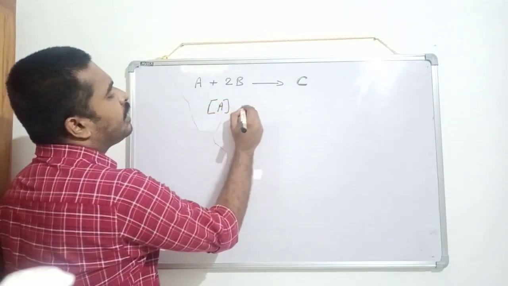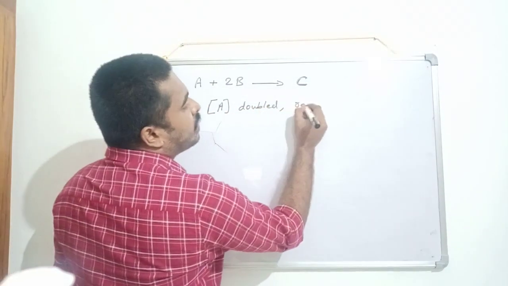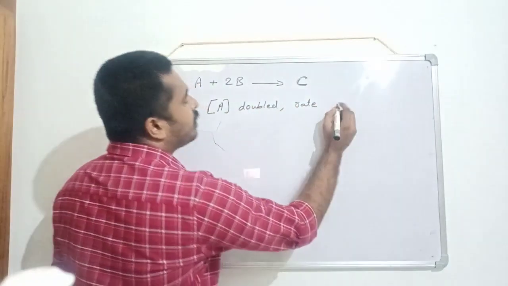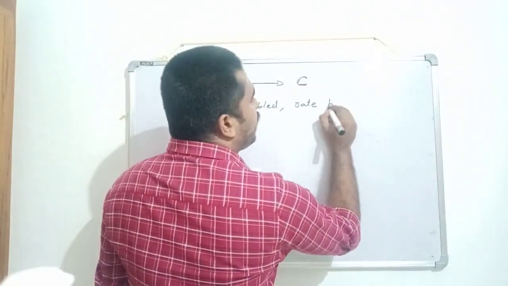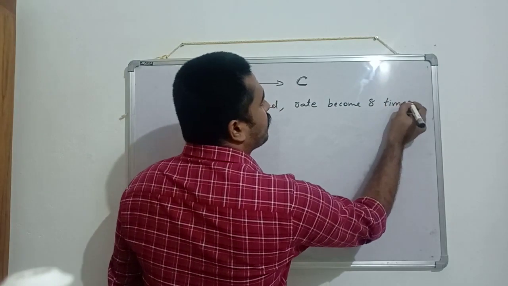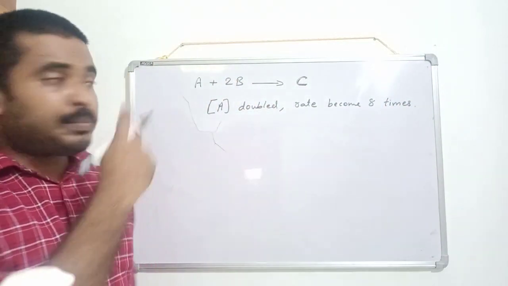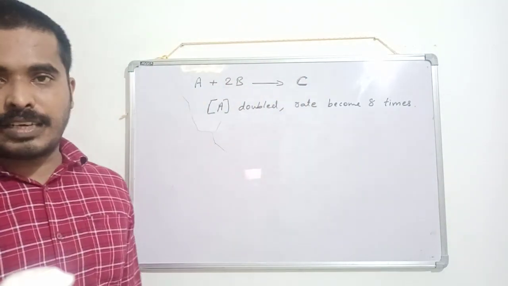Now, when the concentration of A was doubled, the rate became 8 times the initial rate.